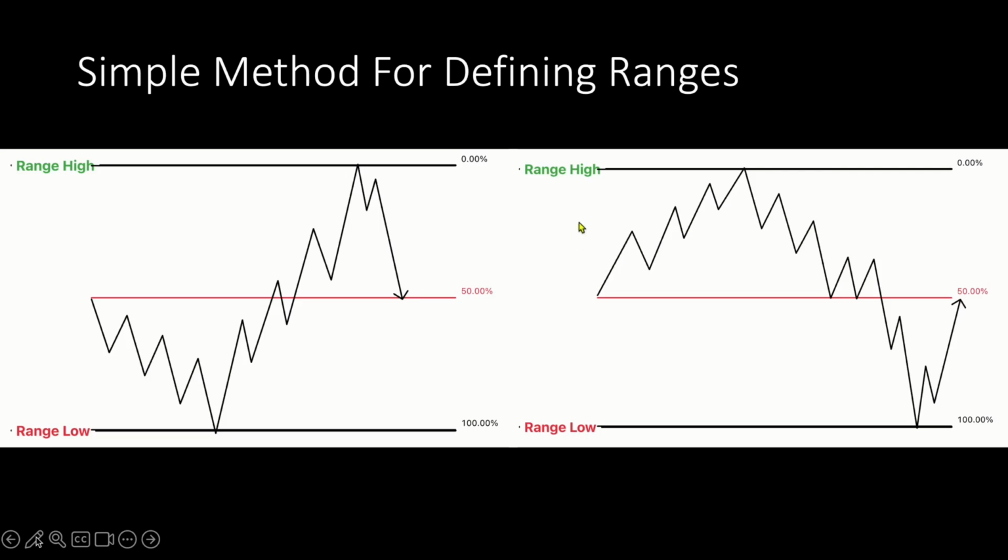If we take a look at the bearish example, we can see that price trades into a price level right here, and it then begins to turn around. It forms a swing high. This is our range high. The moment that price shows signs of forming a real low, meaning we begin to see signs of, for example, SMT, or for example, a key point of interest being reached, whatever.